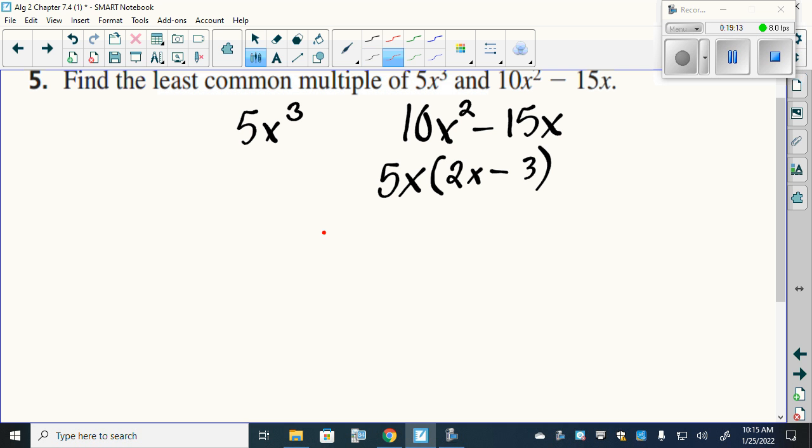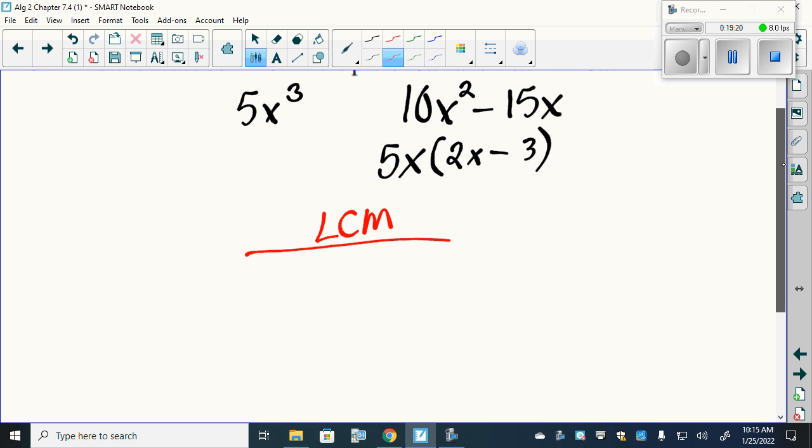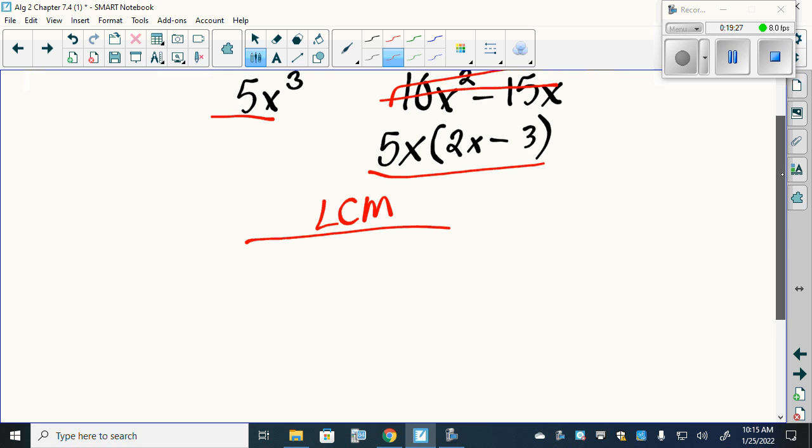Okay. Least common multiple. So we're not too focused on this part here. We're more focused on this one and this one, yes? So looking at these two, we need to get the 5 to be the same as 5. So, well, that would just be 5. Because they are already the same. Next to the 5, we have what? X. And over here we have x to the third.